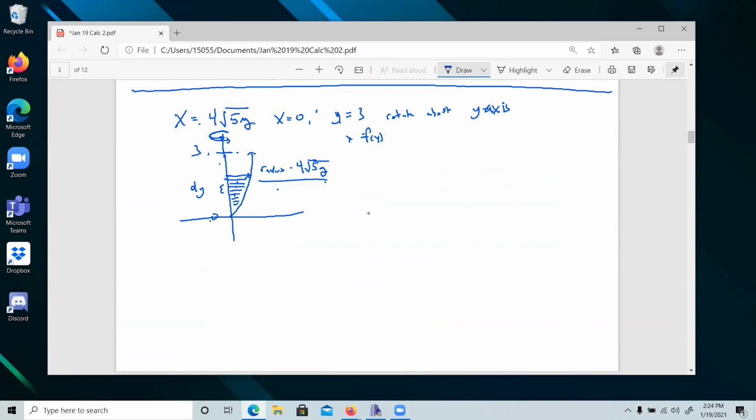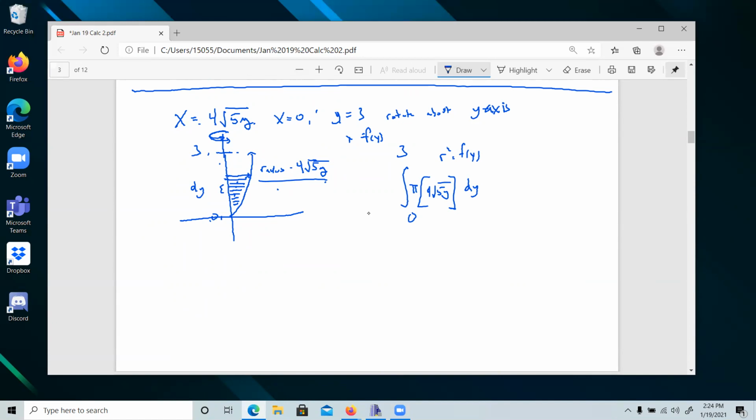Okay, so there we are. So what are we doing? We're going with y's. We have a dy, so my limits are going to be in y's. All right, and then we've got here's our pi, and then we've got our r squared. But in this case, r squared is equal to some function of y. So let's plug in 4 square root 5y here.